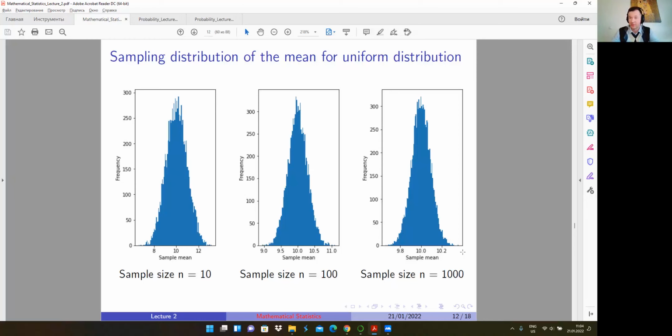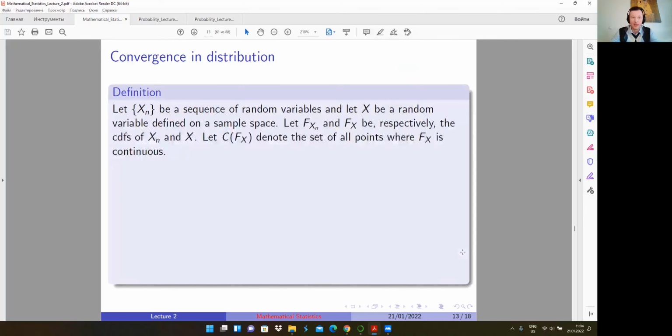So now we don't care what is the underlying distribution of the random variable. We know that the sample mean would tend in distribution towards the normal distribution. So this introduces us to another important mode of convergence, which is called convergence in distribution.